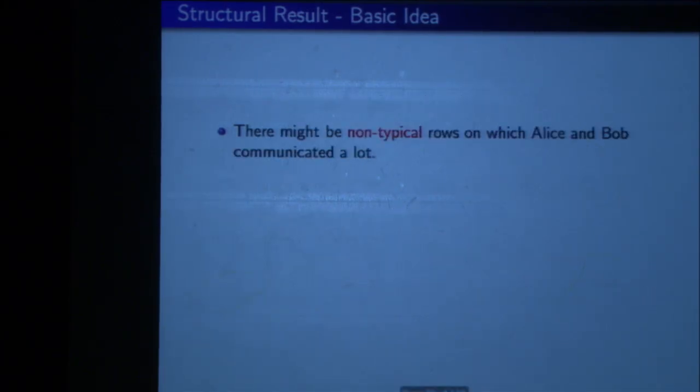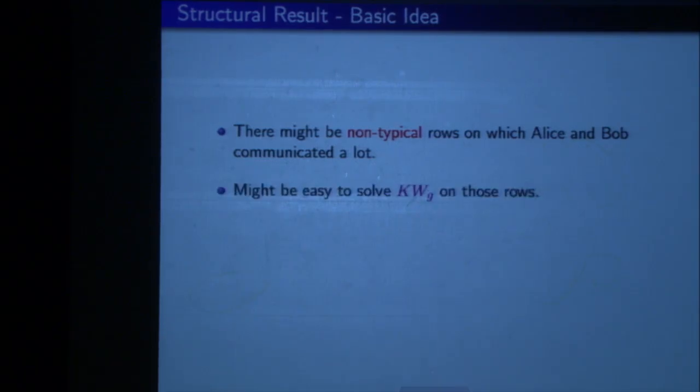So the question is, what happens with the non-typical rows? Markov tells you that on almost all rows, they talked O of 1 bits, but still, there might be some rows on which Alice and Bob communicated a lot.